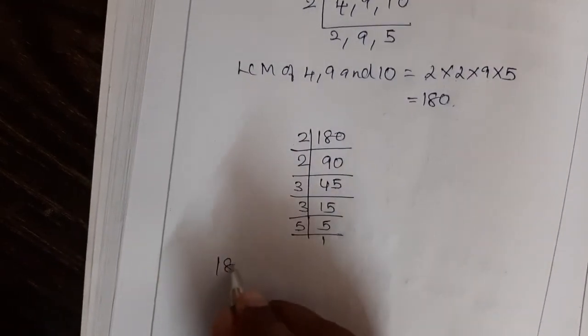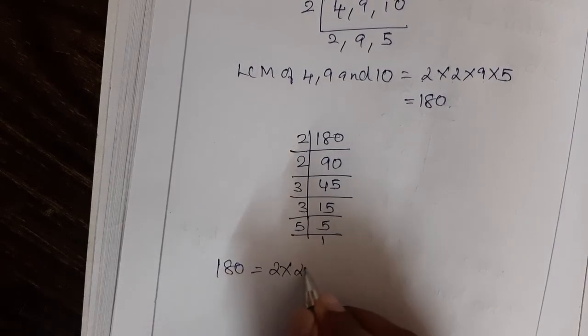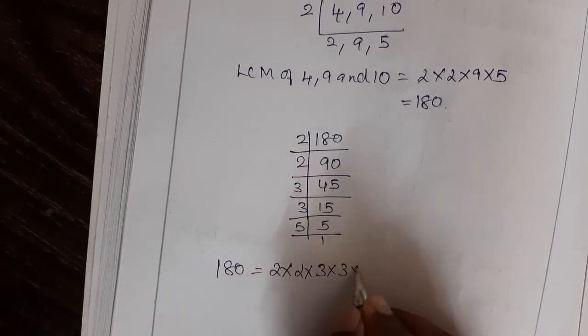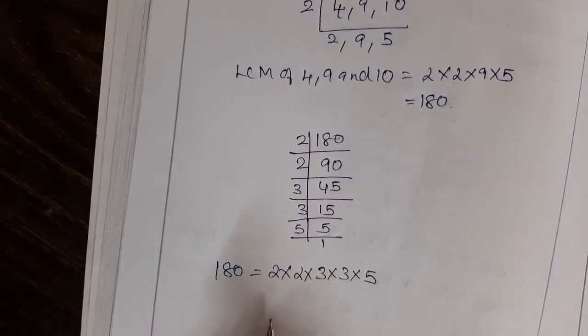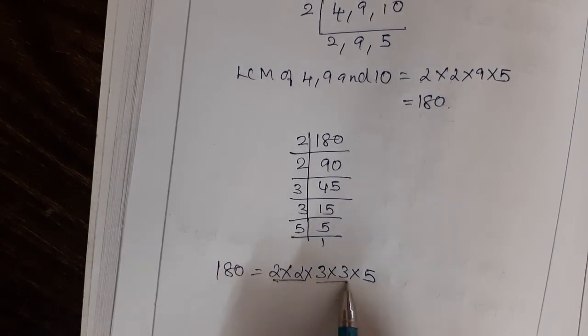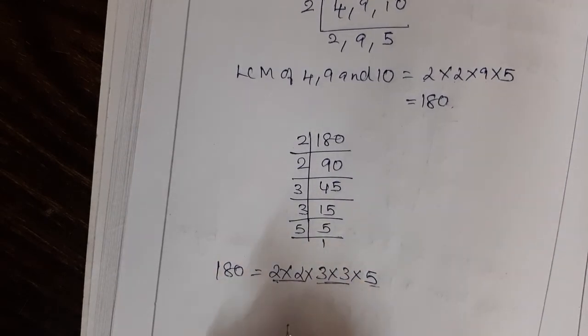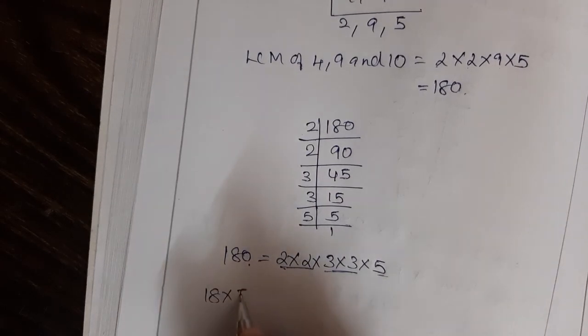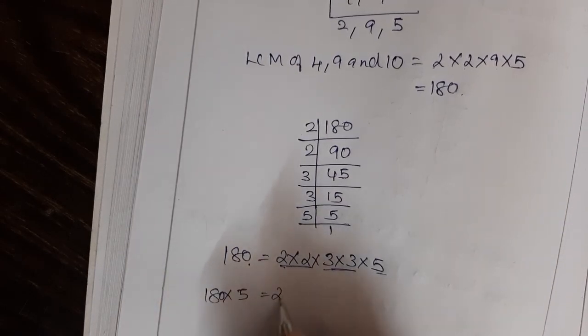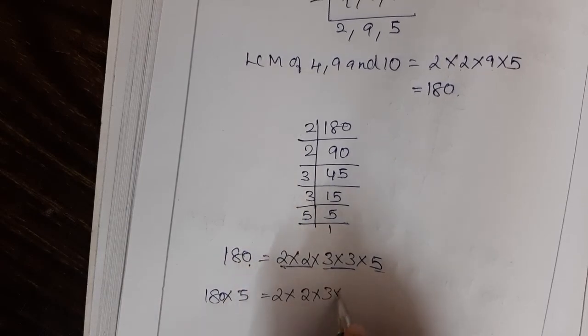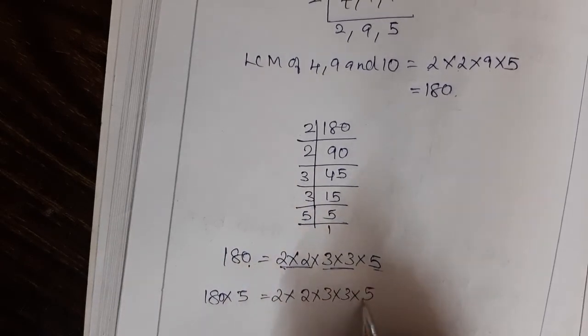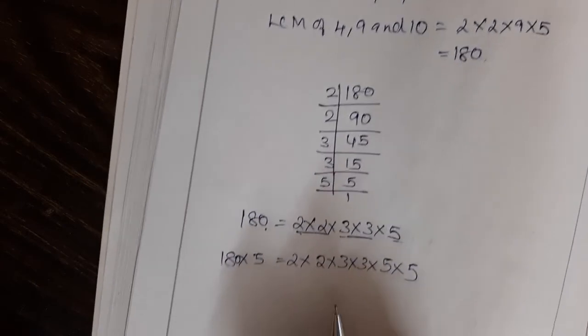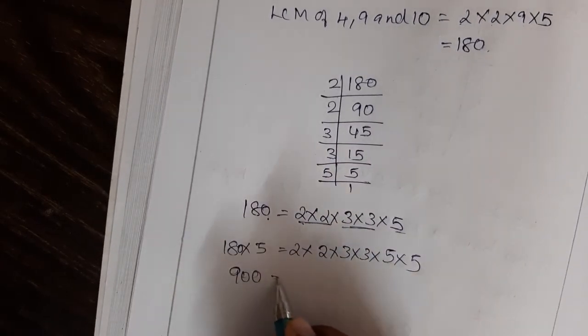So 180 can be written as 2 into 2 into 3 into 3 into 5, right? So here 2 and 2 are a pair, 3 and 3 are a pair, but 5 does not have a pair. So multiply 180 by 5. So 180 into 5 is equal to 2 into 2 into 3 into 3 into 5 into 5, which is 900, right?